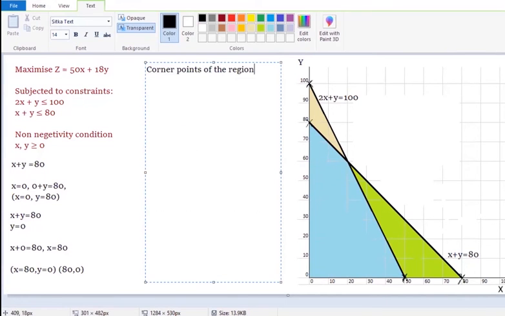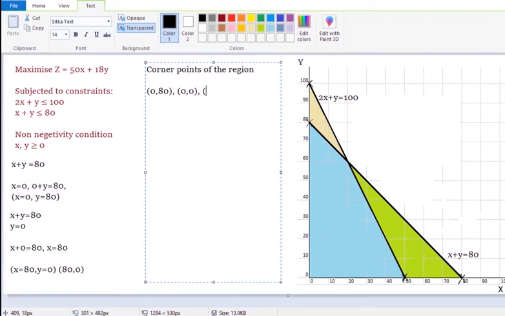The corner points of the region are, first one is 0, 80. Now, second is 0, 0.